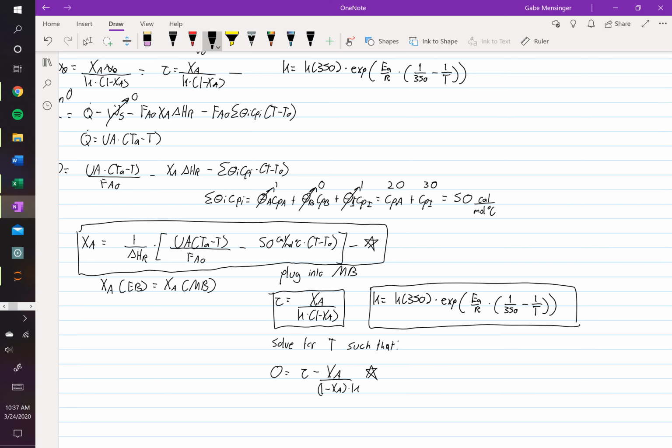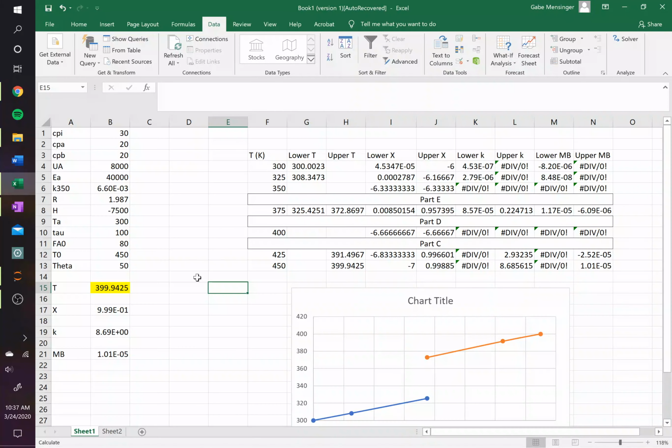I highly recommend doing this problem in Excel, and you'll see why in a sec. I kind of already had it set up, so let me just reset it. Hopefully that doesn't break it. Okay, so up here I've got all of our constants, and I don't think there was too significant of a units change in this problem.